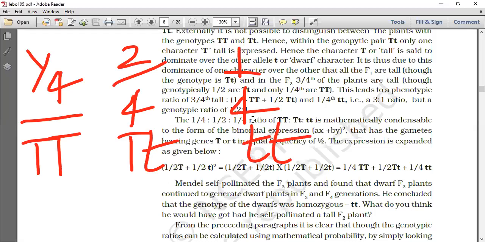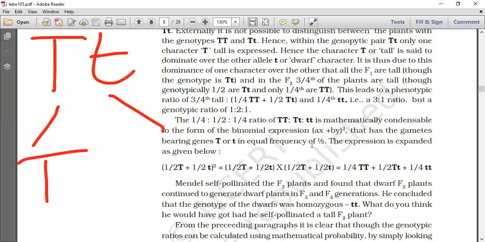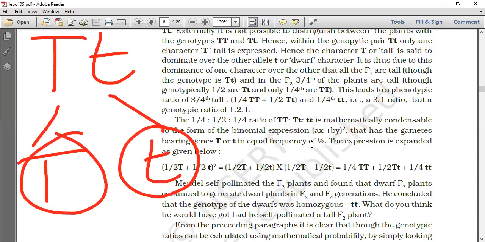Next, this particular ratio is mathematically condensable to the form of a binomial expression (ax + by) whole square, which has the gametes bearing genes capital T or small t in equal frequency. I will show you that also. When we take the gametes in equal frequency, 50% tall gametes and 50% dwarf gametes come.